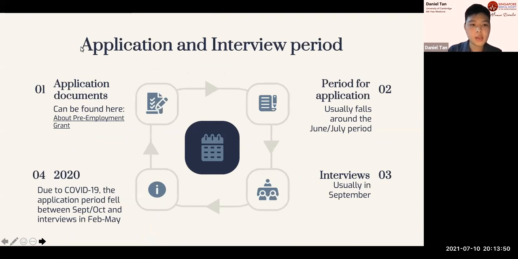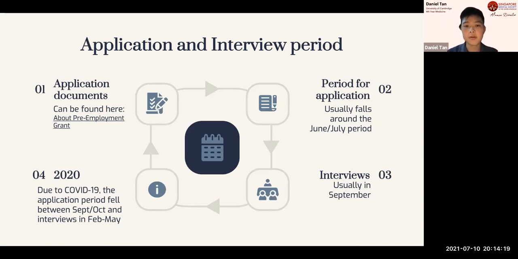In terms of the application and interview period, all the information I've just mentioned, and quite importantly all the requirements, can be found on the website. For example, the passport or guarantors that you need can be found there. The interesting thing is that the application period has somewhat changed. Usually it falls around June-July in previous years, and interviews are usually in September.